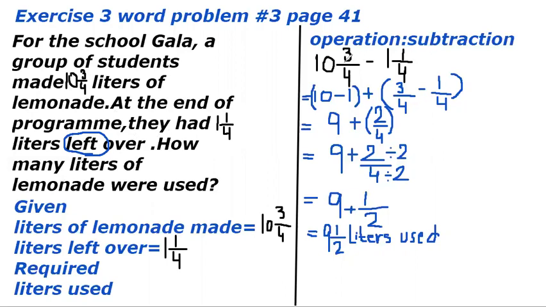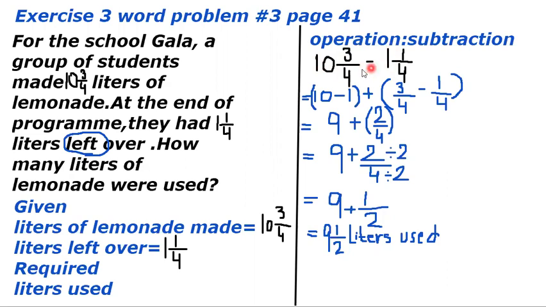Okay, now we will subtract 1 whole 1 upon 4 from 10 whole 3 upon 4. Okay, these are mixed fractions. The name of these fractions is mixed number or whole number fractions.